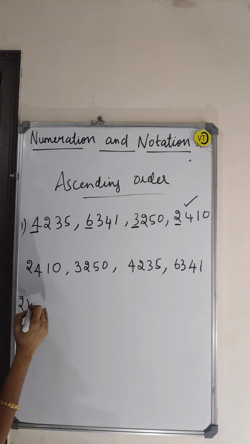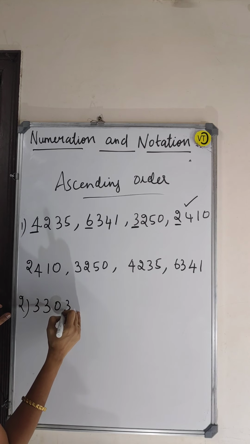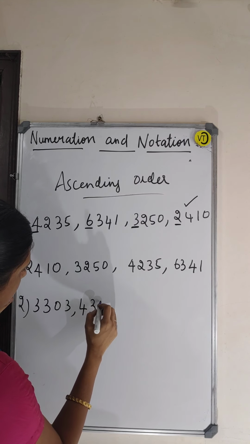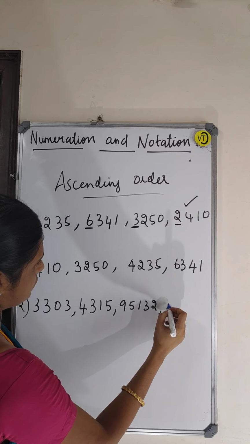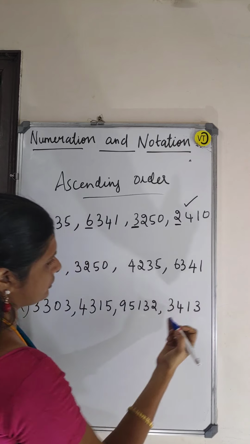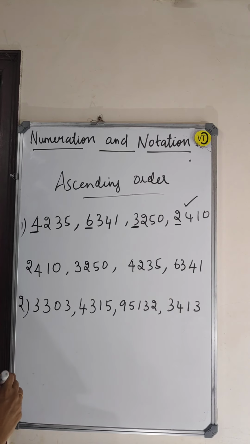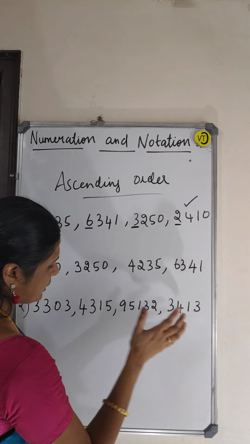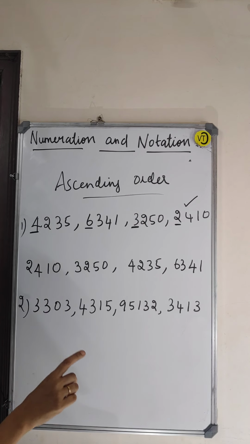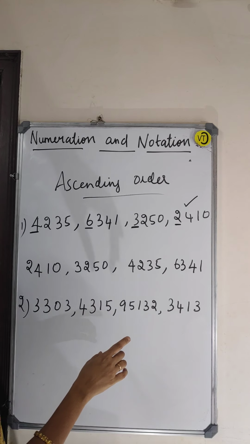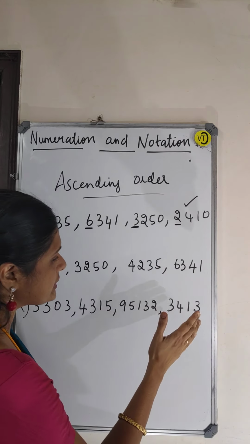One more question. 3303, 4315, 95132, 3413. Okay. Here one more question I gave you. 4 numbers I have given. In this you have to check what I told you. You have to count the digits, whether all the digits are the same number.